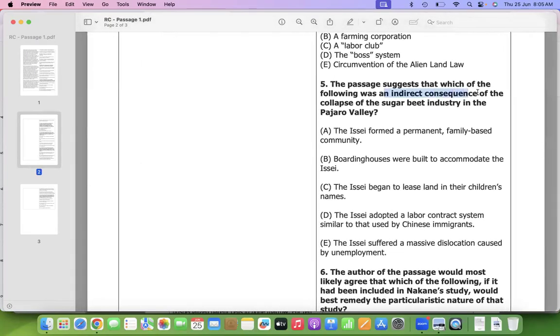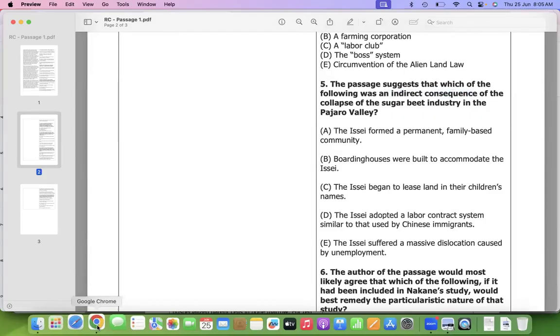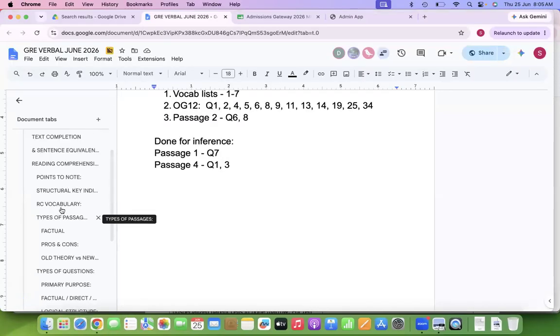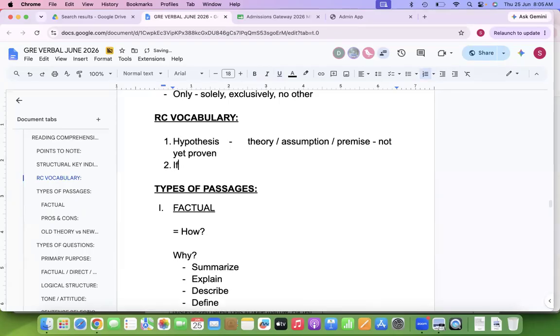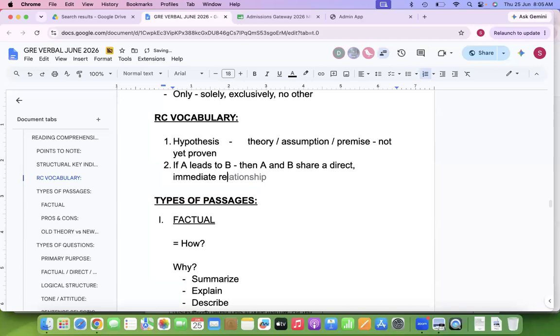Indirect consequence. If A leads to B, then A and B share a direct or immediate relationship.